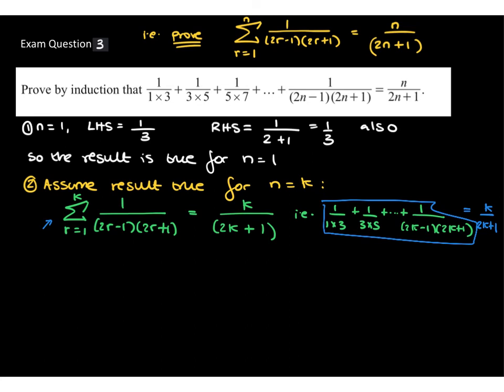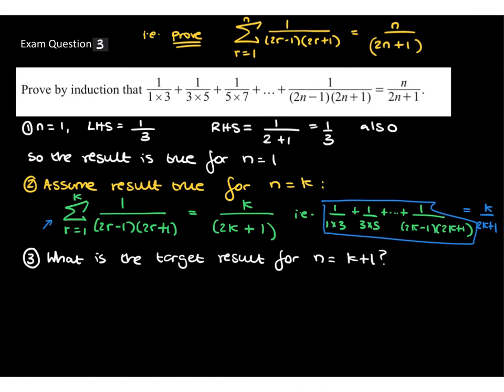So we're going to use that assumption, and we're also going to show that based on this assumption the result must be true for n equals k plus 1. So we need to find out what is the target result for n equals k plus 1.